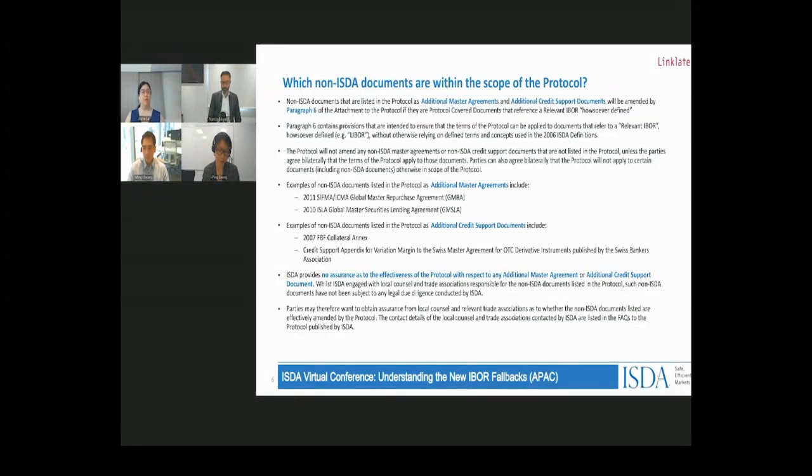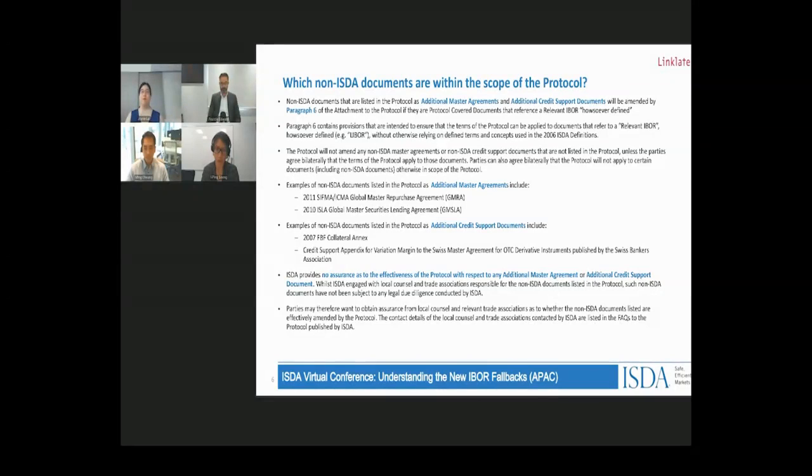Moving on to the last couple of bullet points on the slide, ISDA has obviously made the effort to talk to the various industry associations in the different countries who own some of these non-ISDA master agreements and credit support documents. They have consulted relevant jurisdictional counsel to an extent when they were drafting the ISDA protocol and trying to see if these additional documents can be brought into scope.